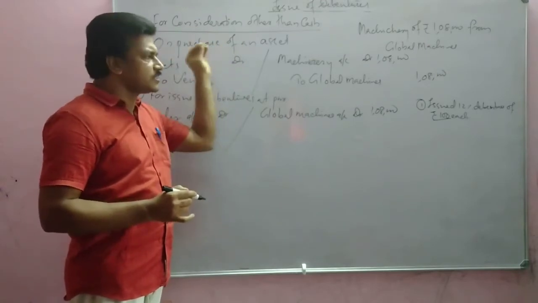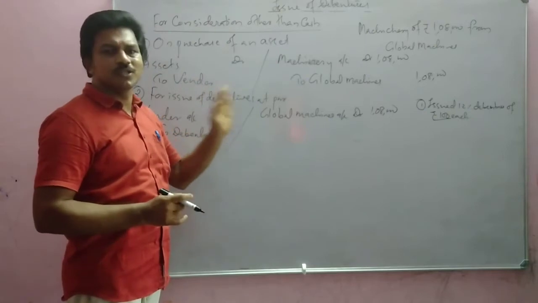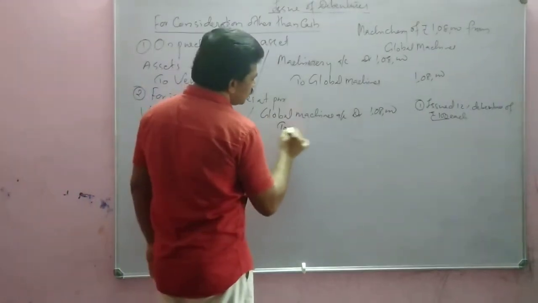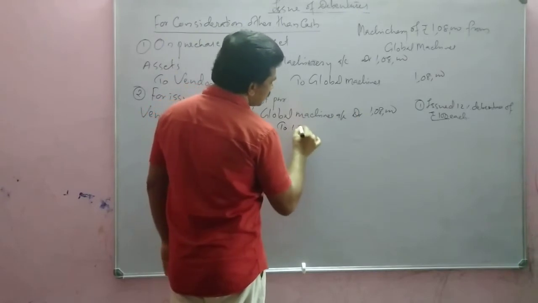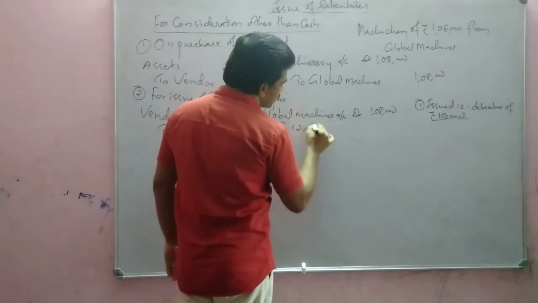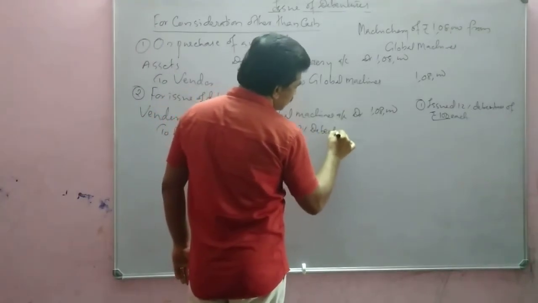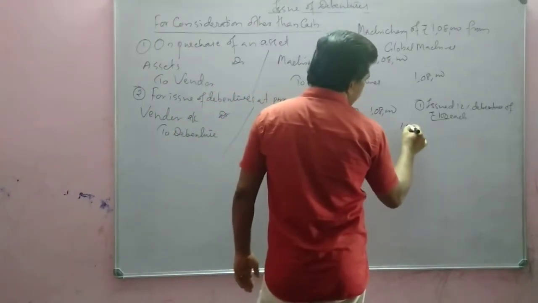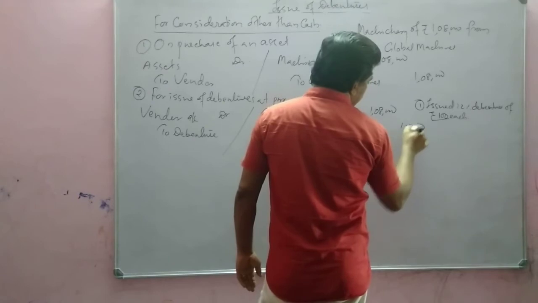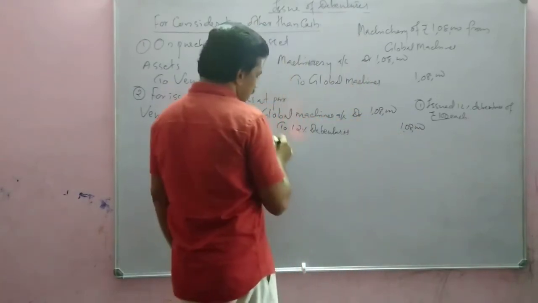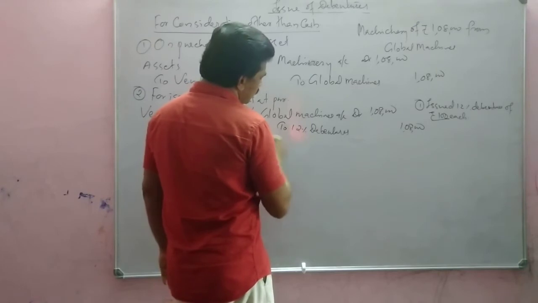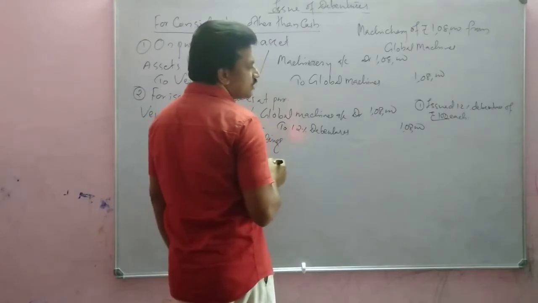So like that, instead of share, what we are issuing? Debenture. That's all. So Global Machines debtor to which debenture is issuing? 12% debentures. How much? 1,08,000. So in narration, what we will write? Being how many debentures are issued?